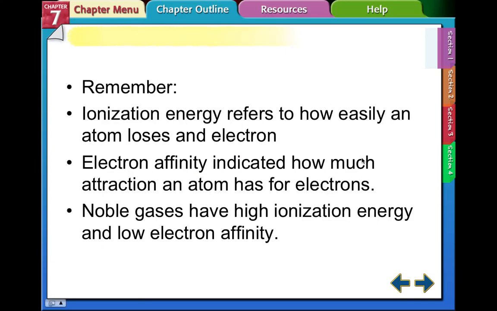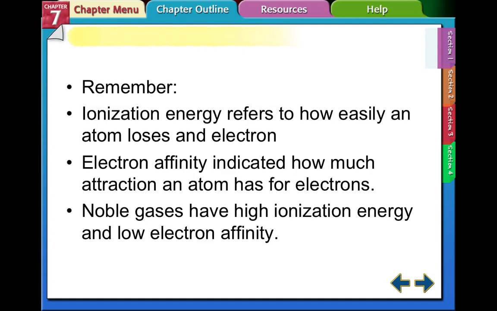At the very last part of chapter 6, we talked about these different vocabulary. Ionization energy, we're going to need these vocab, so we need to review them. Ionization energy refers to how easily an atom loses an electron. Electron affinity indicates how much attraction an atom has for electrons.